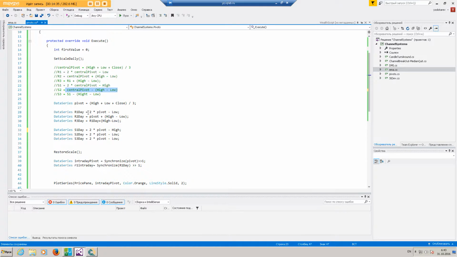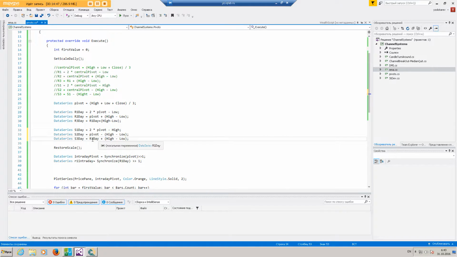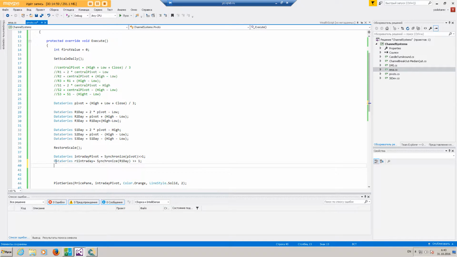Central pivot minus high minus low. And then this one is going to be S1 instead of. Did I get that right? Yes. Okay, so that's it. Now we put them here.